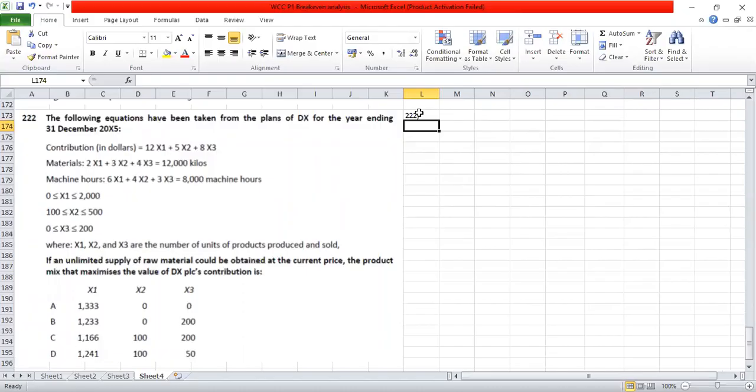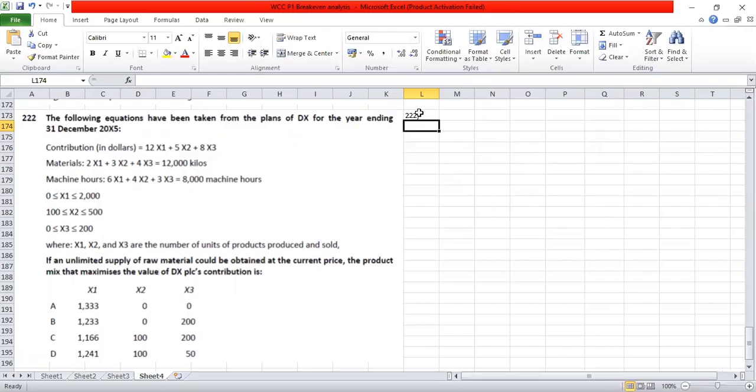These variables x1, x2 and x3 contribute at the rate of 12 per unit for x1, 5 per unit for x2 and 8 per unit for x3. When these are multiplied, the sum total should be maximum. That is the objective function about contribution, defined as 12x1 plus 5x2 plus 8x3.